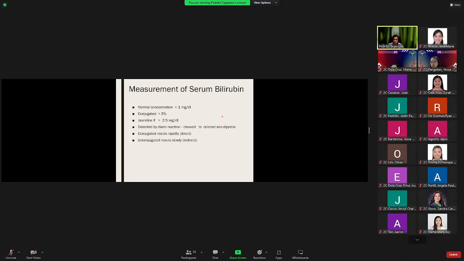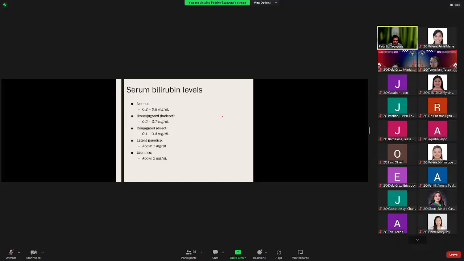Conjugated bilirubin, or direct bilirubin, will react faster with the diazo reagent. That's why it's called direct bilirubin. Siya yung unang na-measure, tapos mina-minus na lang yan dati. But unconjugated bilirubin reacts very slowly. That's why it's called indirect bilirubin. Again, you need not memorize these different levels of bilirubin.